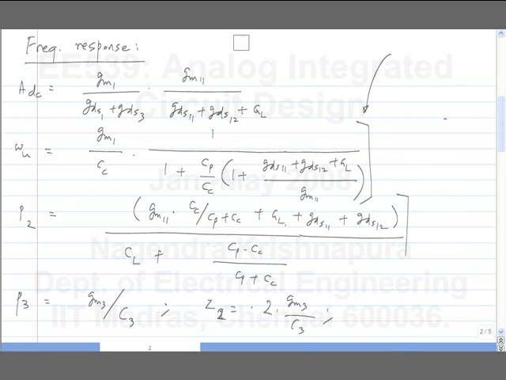And of course, P2 must be beyond the unity gain frequency. So what happens if you keep on reducing Cc? First of all, omega u itself tends to reduce a little bit. And also, P2 keeps on moving in, because Cc is the pole splitting capacitor.